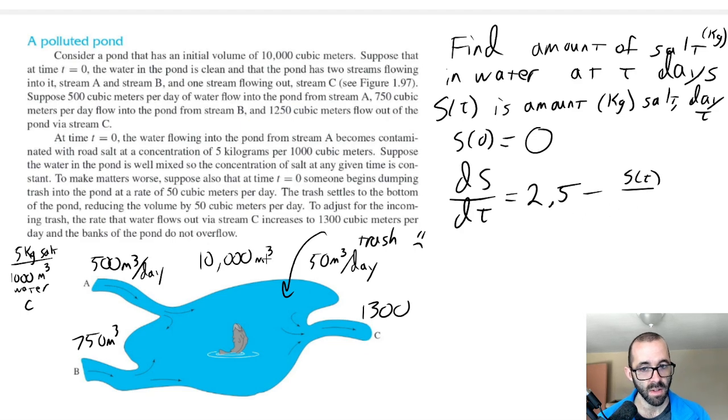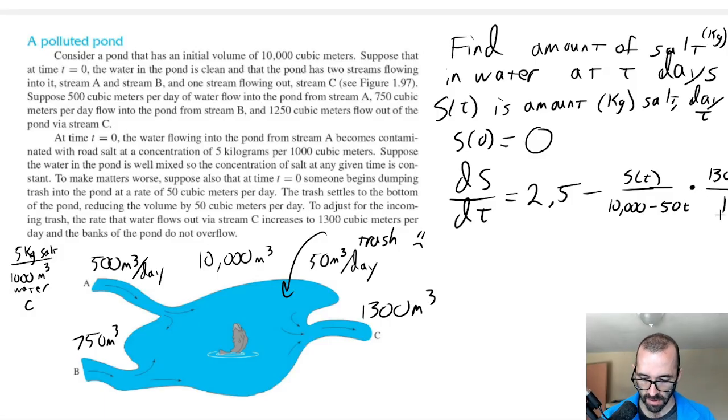What's the volume? Well, it starts out as 10,000, but we're losing 50 every day. So it'll be 10,000 minus 50t. That's the concentration. We multiply that by the flow, which is 1,300 meters cubed per day. And we get this over here for our differential equation.